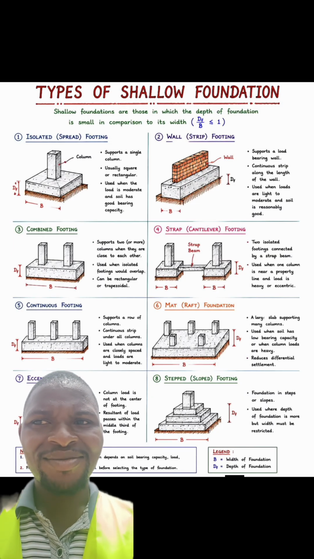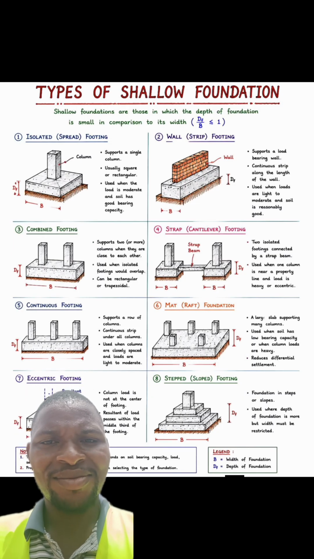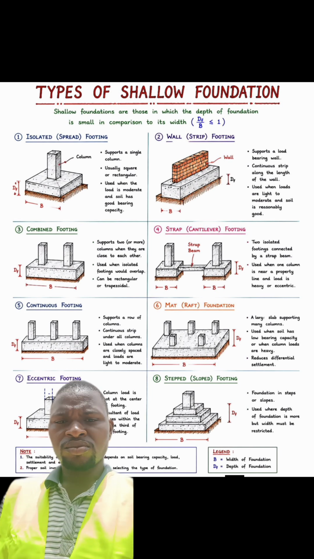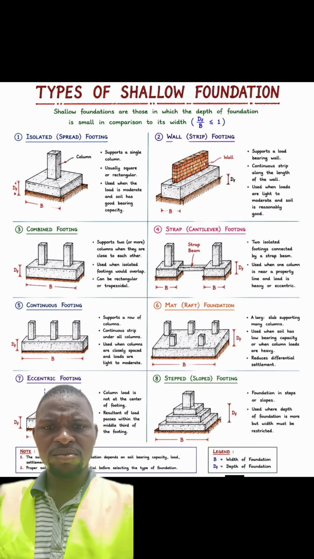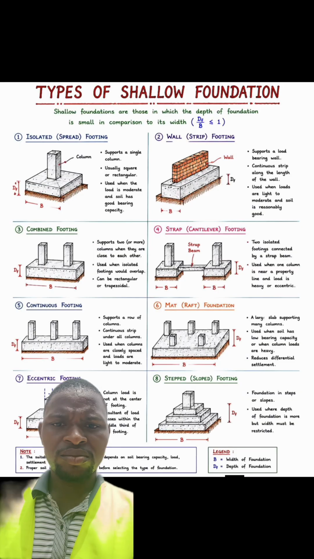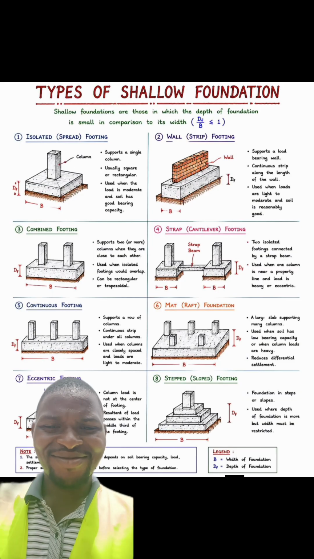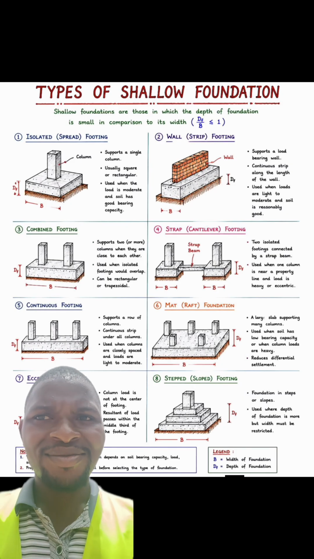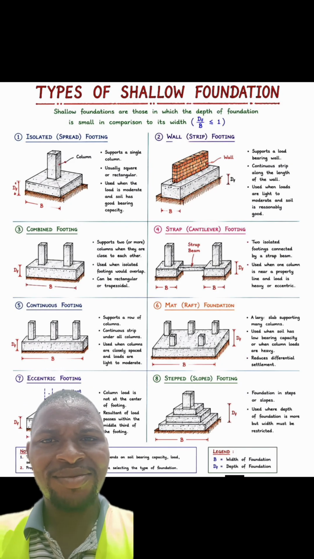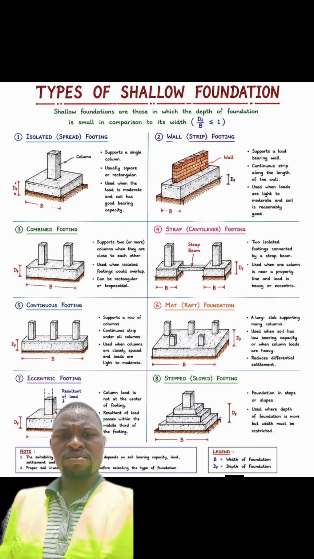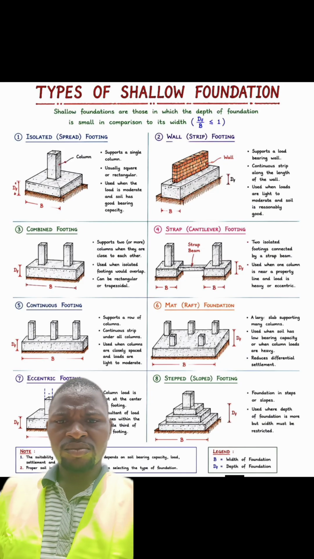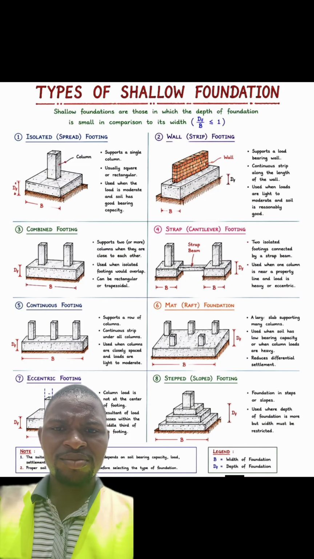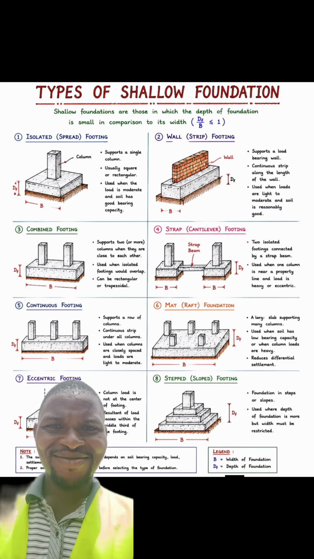It's used when columns are closely spaced and loads are light to moderate. What we mean by light load is, maybe, a residential building and not a commercial building, so the loads on that particular column might not be that much.